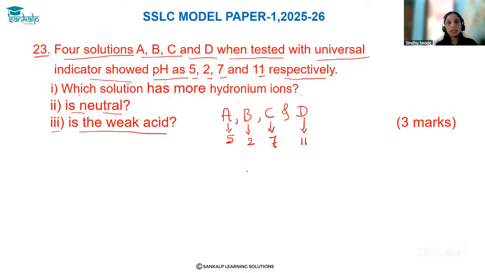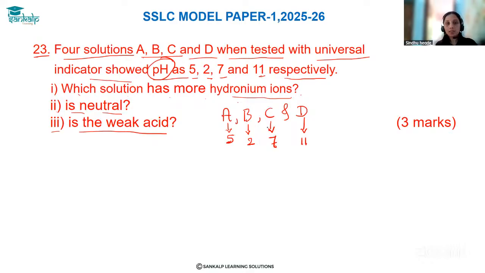This purely depends upon the pH value of the solution, right? The pH scale measures the concentration of hydronium ions. So the lower the pH value, the higher the concentration of hydronium ions.